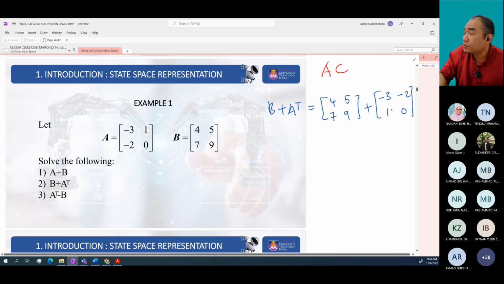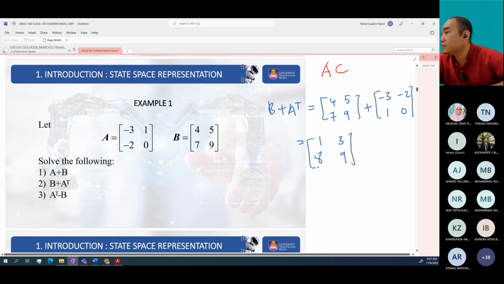So this is the transpose of the matrix A, and then we can add them element by element. So we got 4 plus minus 3 is 1, 5 plus minus 2 is 3, 7 plus 1 is 8, 9 plus 0 is 9. So this is the result of addition between this A plus A transpose. So the rest I believe that you can do that on your own lah. And maknanya very straightforward, tambahkan element by element. Right.